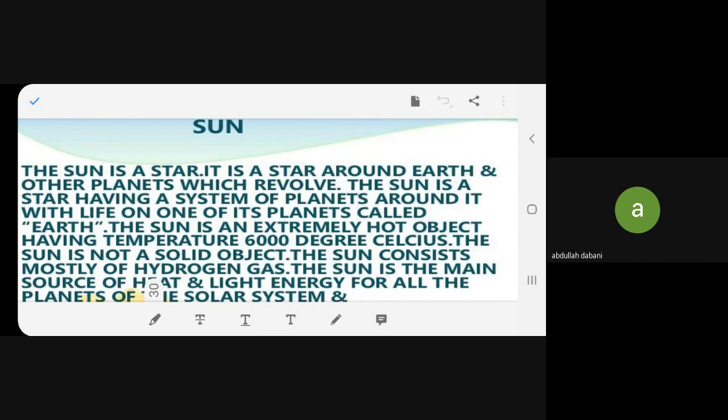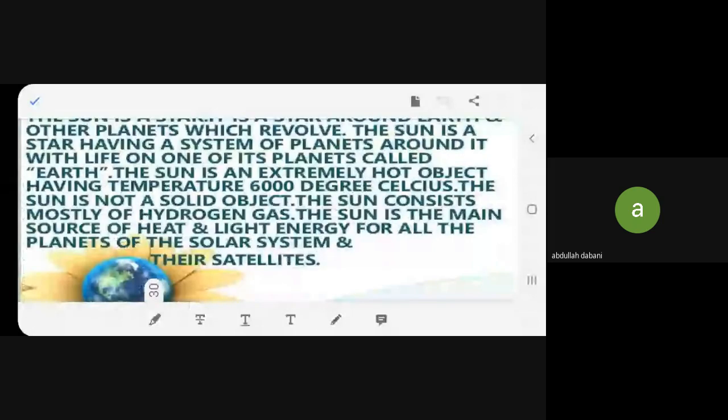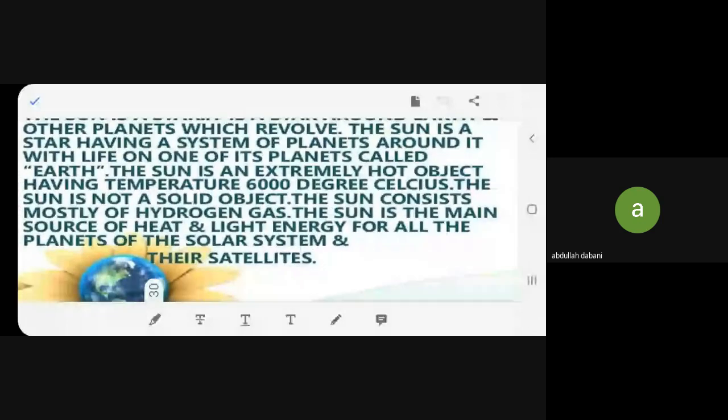The Sun is an extremely hot object having a temperature of 6000 degrees Celsius. The Sun is not a solid object. It consists mostly of hydrogen gas. The Sun is the main source of heat and light energy for all the planets of the solar system and their satellites.